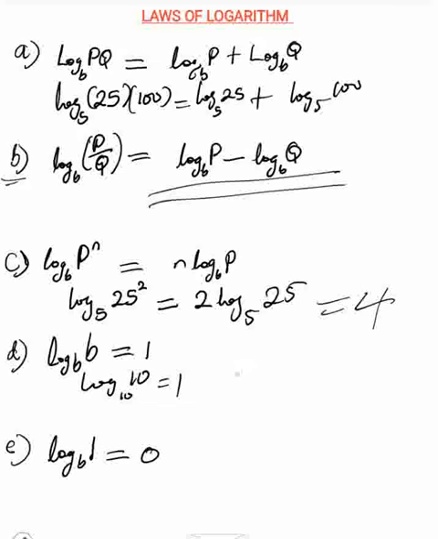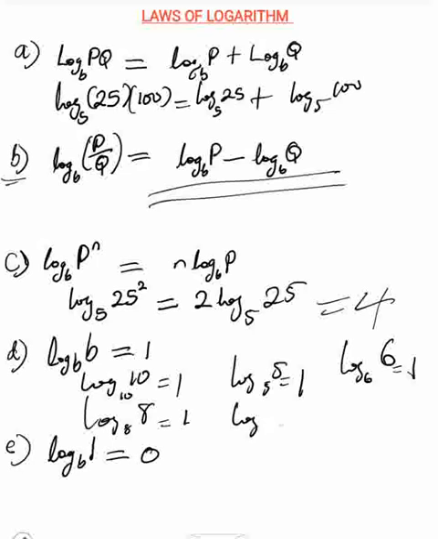So, others include log 5 base 5 equals 1. Log 6 base 6 equals 1. Log 8 base 8 equals 1. Log 16 base 16 equals 1. Any logarithm to its base gives 1.